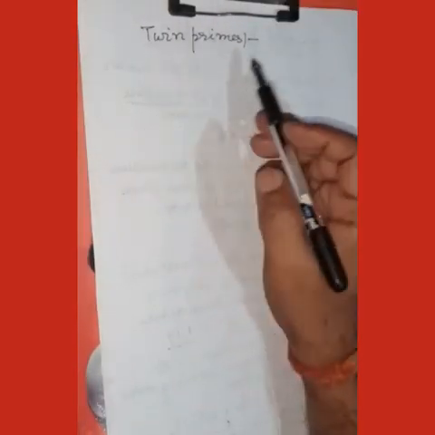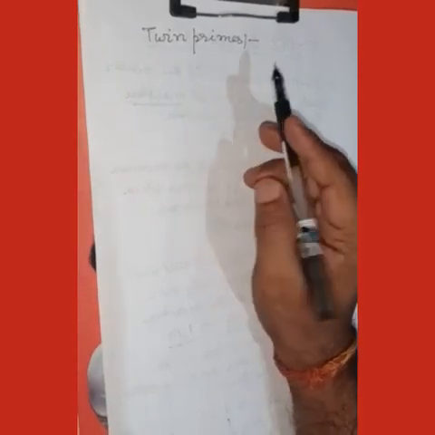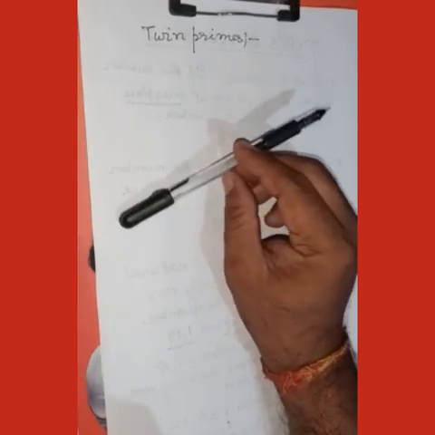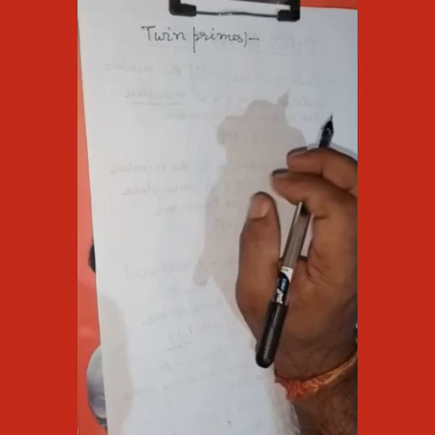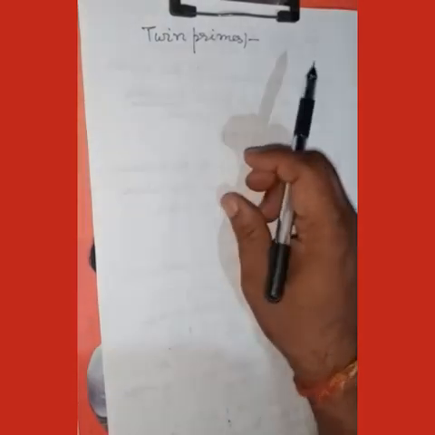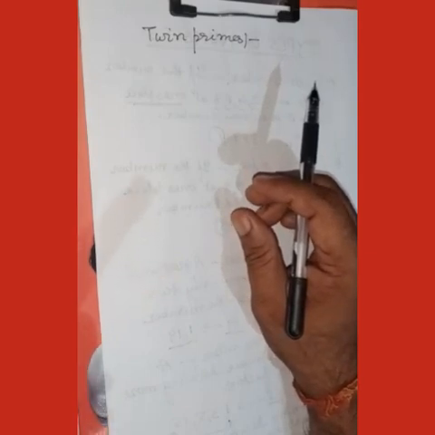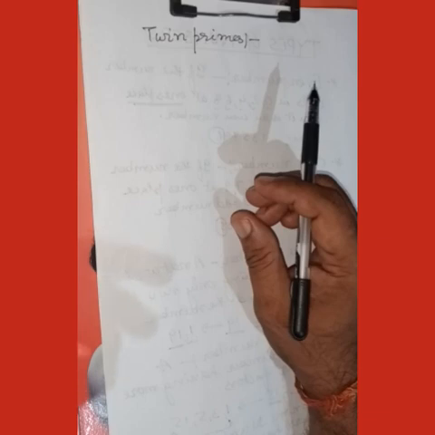Now next is twin prime numbers. In twin prime numbers, how we will know that it is a twin prime numbers? Suppose in twin prime numbers, what we have to do, if we take 2 prime numbers and the difference between 2 prime numbers should be 2.